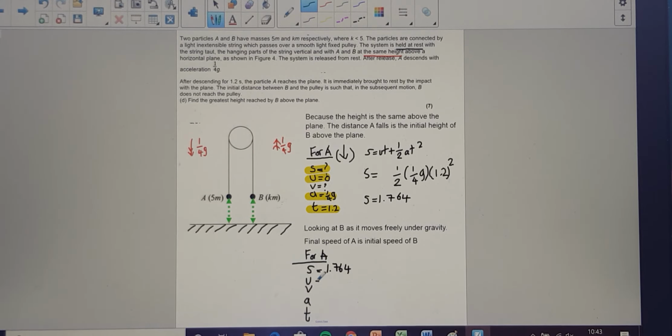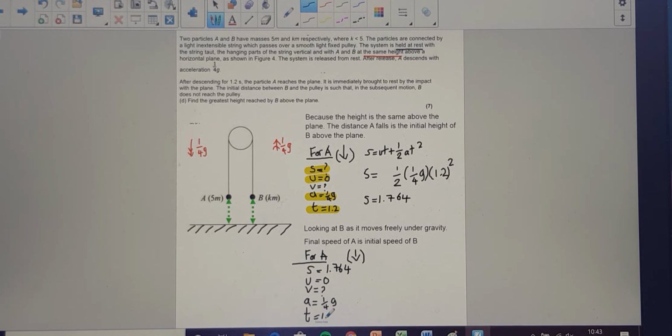My initial speed, because it's released from rest, is 0. My final velocity I don't know, but I now want it. I know it's descending, and I said that down is positive, at 1/4 g. And I know my time is 1.2.